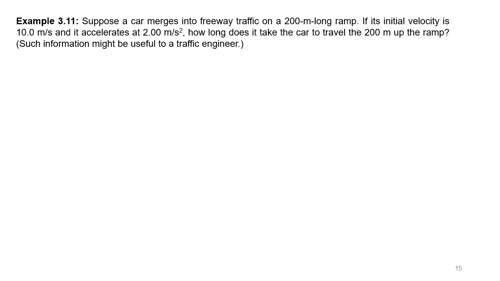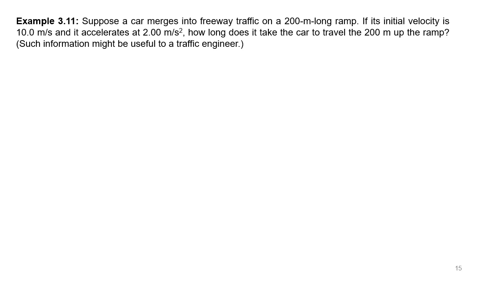Now let's do one problem here. Suppose a car merges into freeway traffic on a 200-meter long ramp. So a car is entering from a road to a freeway, highway, on a 200-meter long ramp.